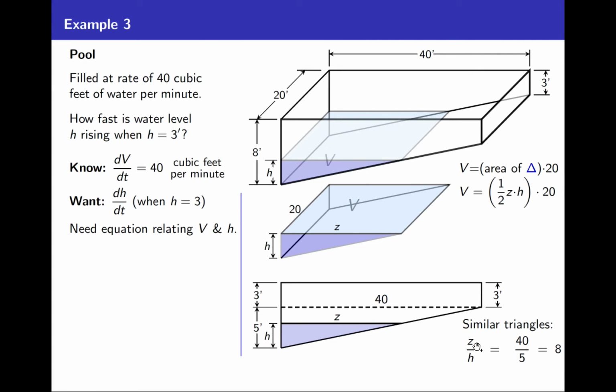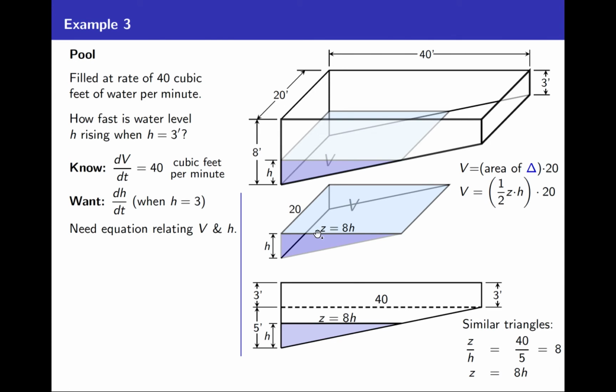So we get an equation relating z and h. z over h is equal to 8. Multiply both sides by h, and we get z equals 8h. So this z changes with h. It's always equal to 8 times what h is.